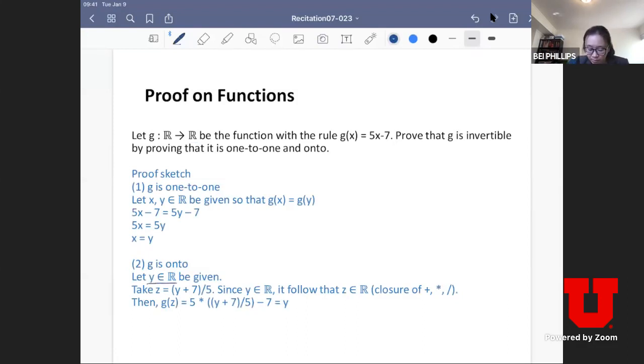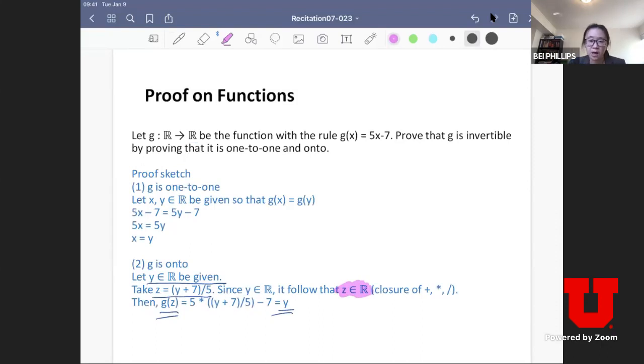If I assume a y that is in my codomain, I can find a number z such that g of z is equal to y. If this is indeed the case, then my function g is onto. Okay, but the important part of this proof is we want to show the number z is a real number.